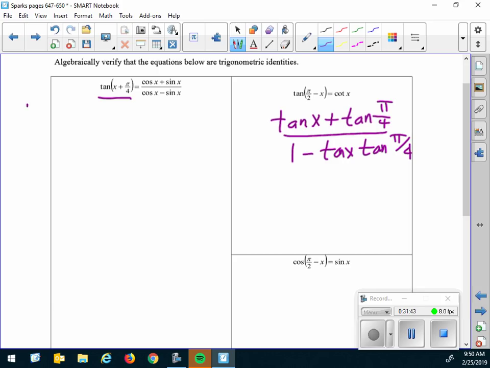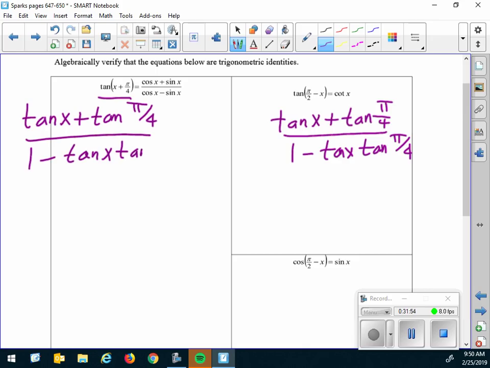Yep. All right, so tangent x plus tangent pi over 4 over 1 minus tangent x tangent pi over 4. All right, so that's tangent x plus 1 over 1 minus tangent x times 1.